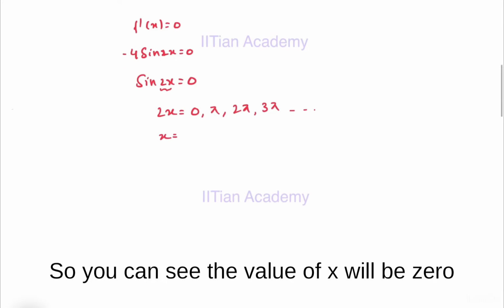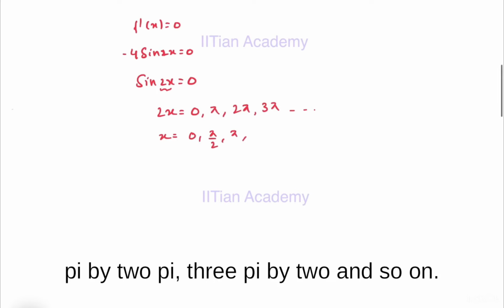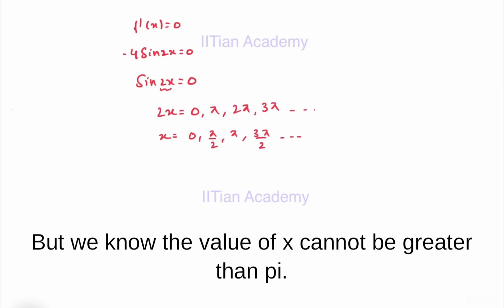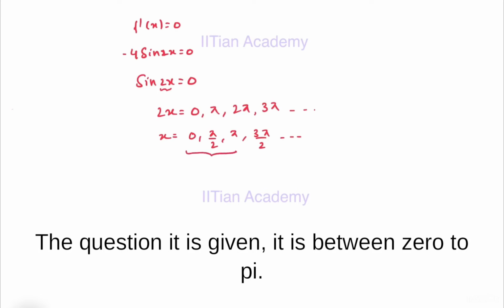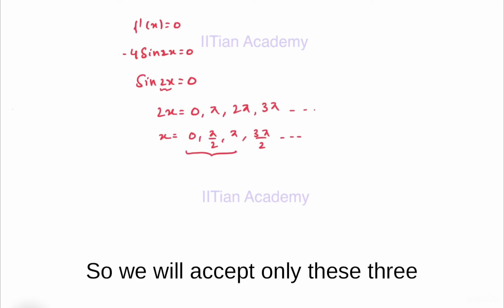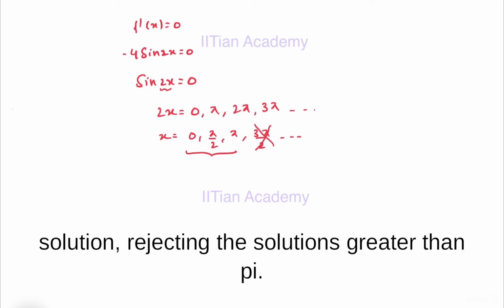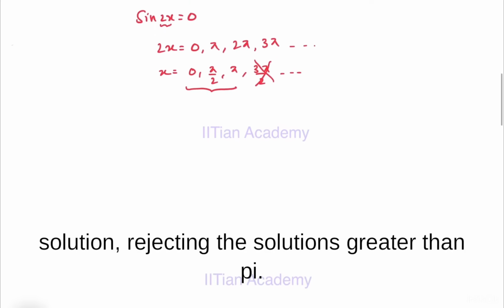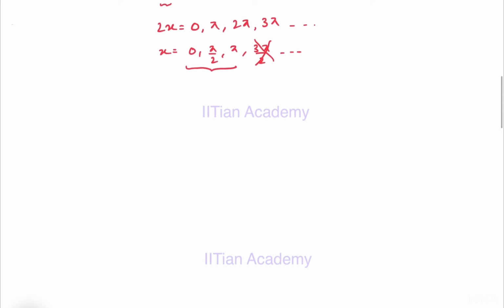So you can see the value of x will be 0, pi by 2, pi, 3 pi by 2, and so on. But we know the value of x cannot be greater than pi. The question says it is between 0 to pi. So we will accept only these three solutions, rejecting the solutions greater than pi.